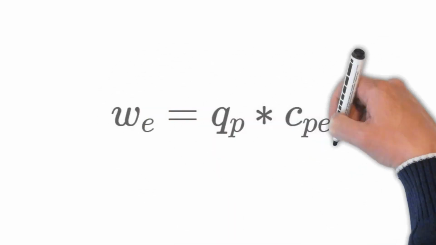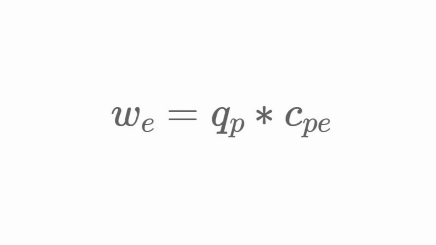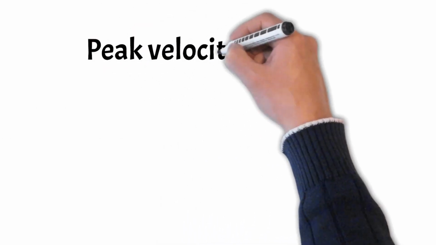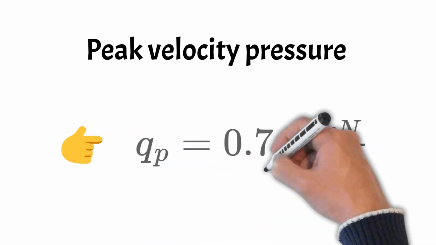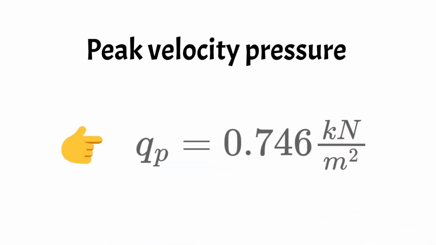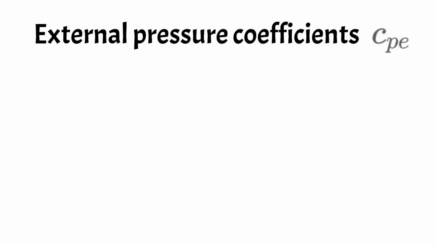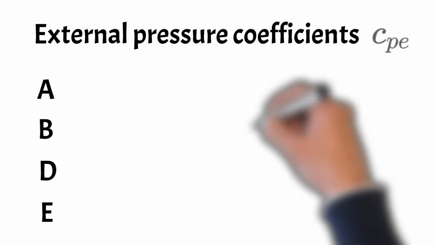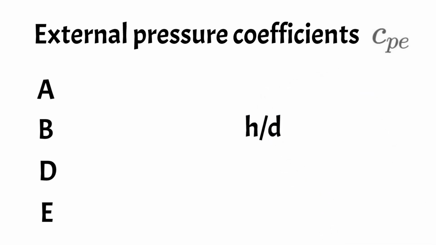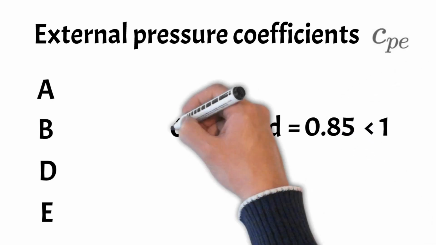Alright, maybe you have already forgotten, but the wind load is calculated as peak velocity pressure times coefficient of the external pressure. The peak velocity pressure was calculated already in our last video as 0.75 kN per square meter. So we are basically missing the CPE values for areas A, B, C, and D. We find those values in Eurocode for a ratio of height divided by D equals 0.85, which is less than 1 but also greater than 0.25.